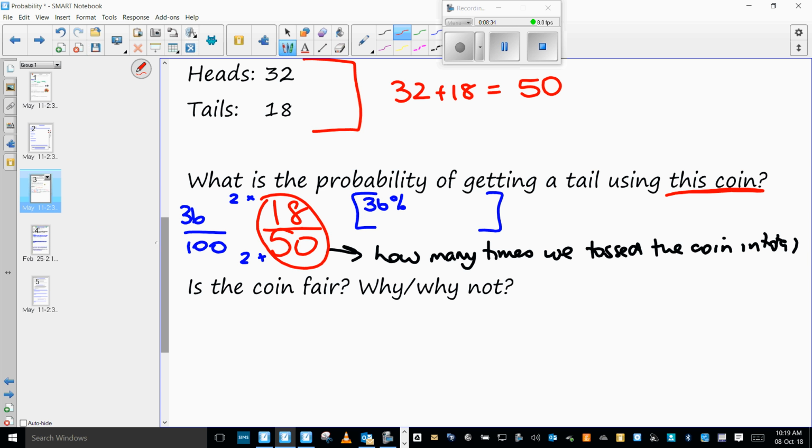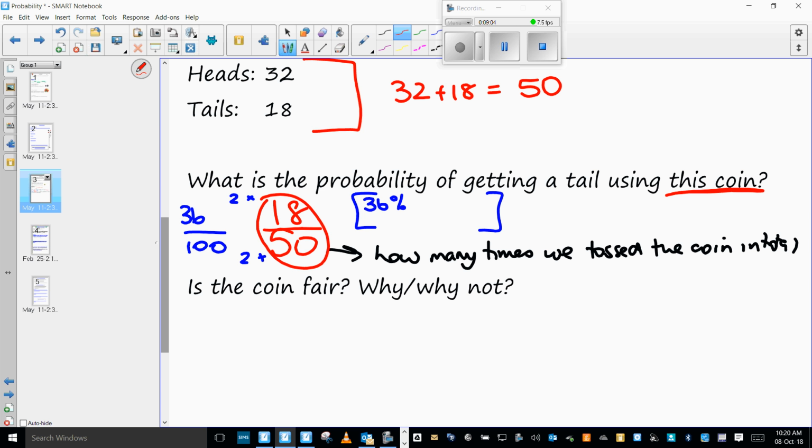So we go back to the question, is it a fair coin, Jay? It's not really a fair coin because it might have been made differently, because the experiment carries out that it's most likely to drop on the heads than on the tails, so that probably means that the coin is not really balanced out. And so we know it's more likely to land on the head and less likely to land on the tail.